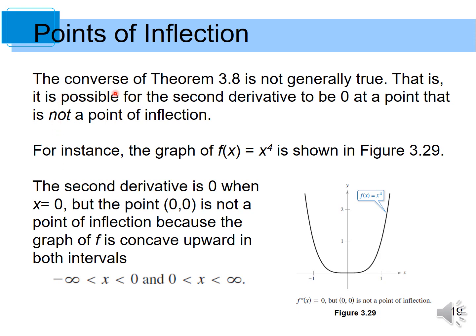The converse of Theorem 3.8 is not generally true. That is, it is possible for the second derivative to be 0 at a point that is not a point of inflection.